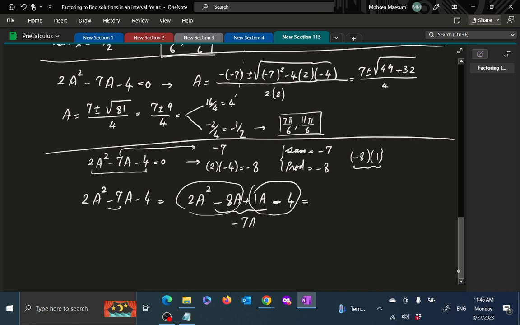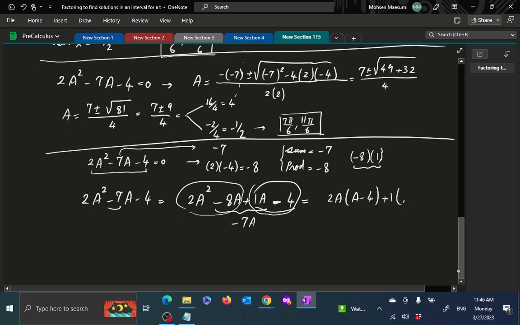How do you factor this one? You say, I can factor 2a times a minus 4. How about these two? Well, there's nothing to factor. It's 1 times a minus 4. Now, a minus 4 is common. That is what makes this magic work. A minus 4 is common, and you get 2a plus 1 as your other factor. So you have achieved the factorization.